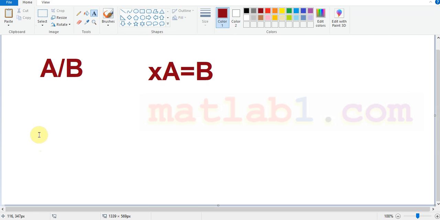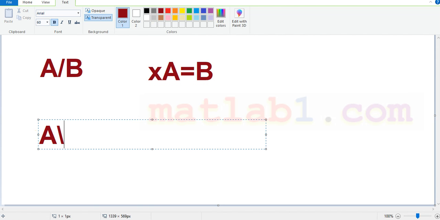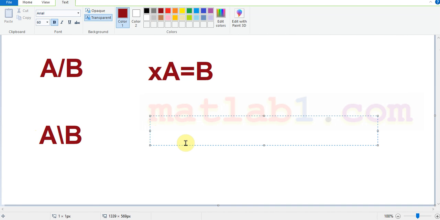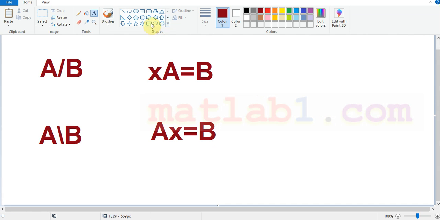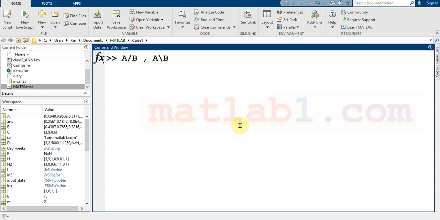But if you write A backslash B, MATLAB solves this equation for you. As you know, there is a difference between these two equations. So depending on if you use a slash or backslash, MATLAB solves a different equation for you.